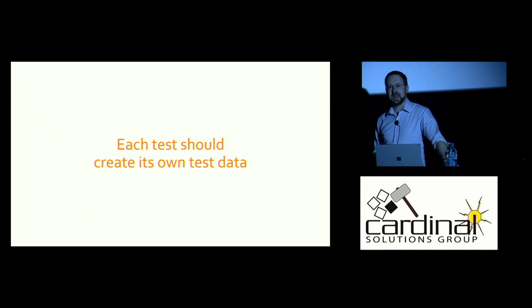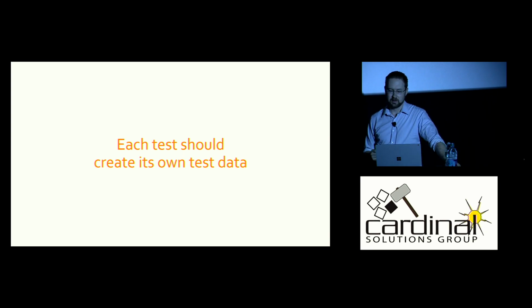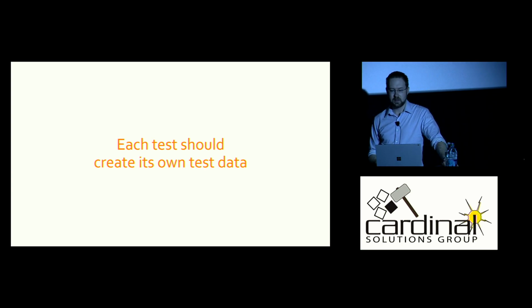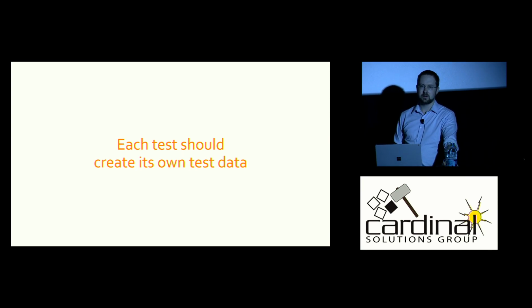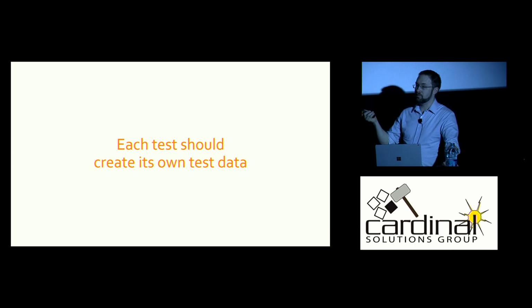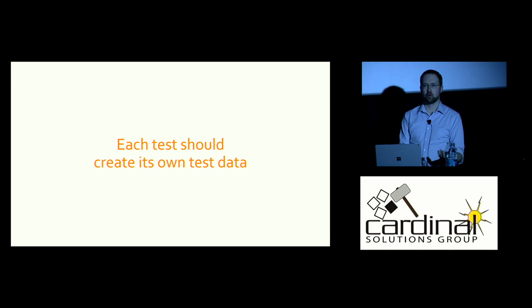So for those reasons, I'm a die-hard, card-carrying member of the every-test-creates-its-own-data club, right? I think every test should make the fewest possible assumptions about the data that already exists, and it should be precise and explicit about what properties of the data it needs to create for its test. And this is, I think, a bigger issue in UI testing than in integration testing. In our integration tests, we'll write automatic rollback transactions.